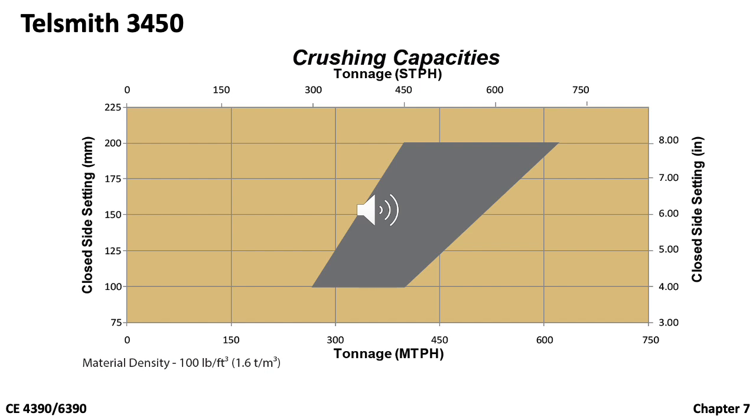For example, with a closed side setting of 4 inches, its capacity is estimated to be from 300 to 450 tons per hour. Note that this chart is developed with an assumption that the material density is 100 pounds per cubic feet. So if your material has another density, you need to make some adjustment.